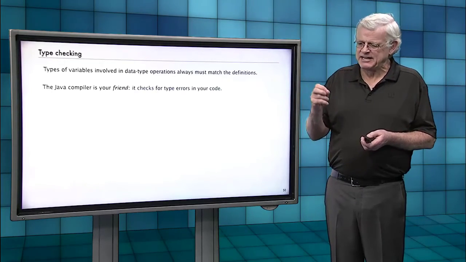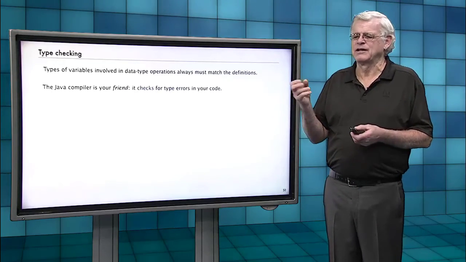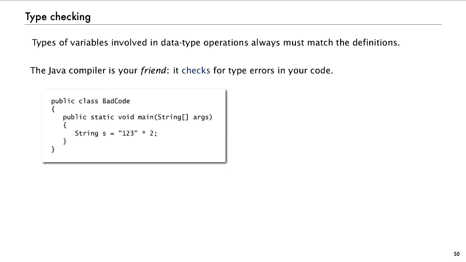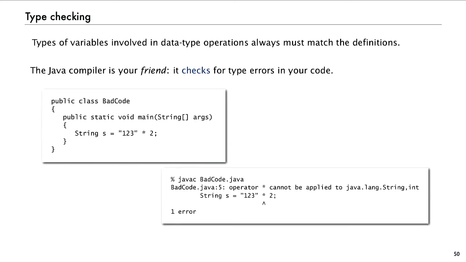If we try to add an integer to a string, or a boolean to a double, it'll tell us that you can't do that kind of operation. If there's a string times 2, it's going to say you can't multiply an integer times a string.